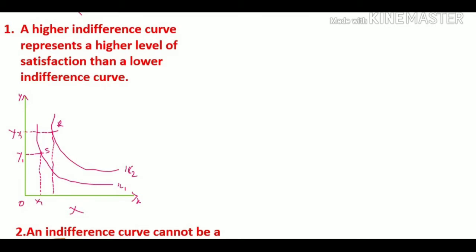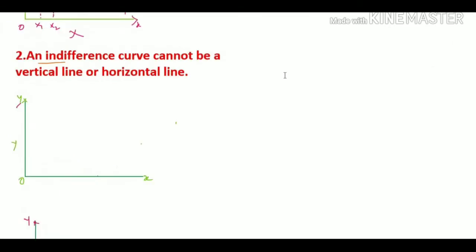So this curve shows that x1, y1 at point S represents lower satisfaction to the consumer than point R. Point R represents that the consumer gets x2 of commodity X and y2 of commodity Y. It represents a higher level of satisfaction to the consumer at point R than point S. An indifference curve cannot be a vertical line or horizontal line.